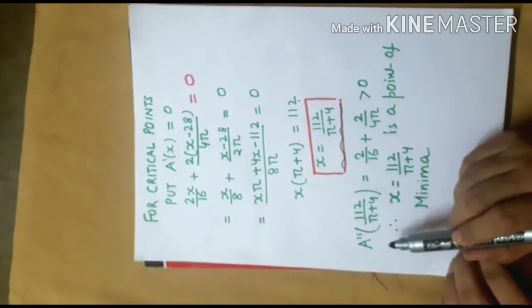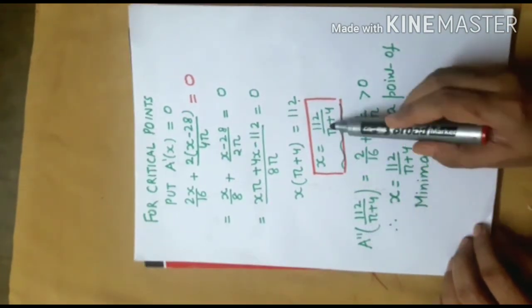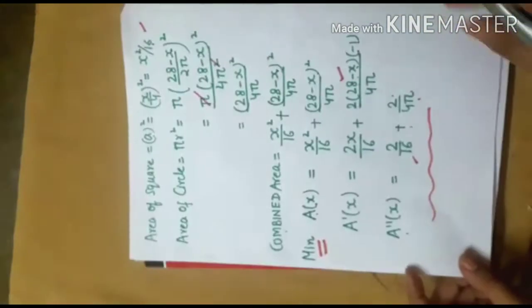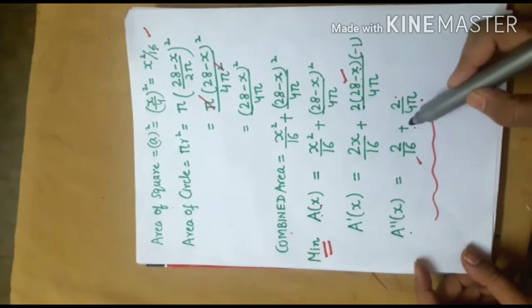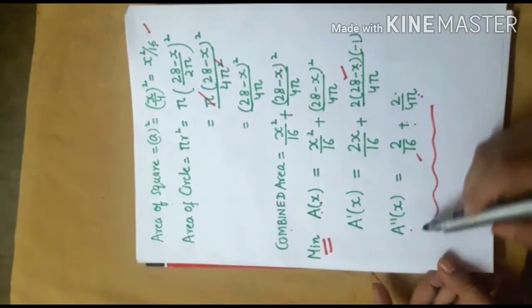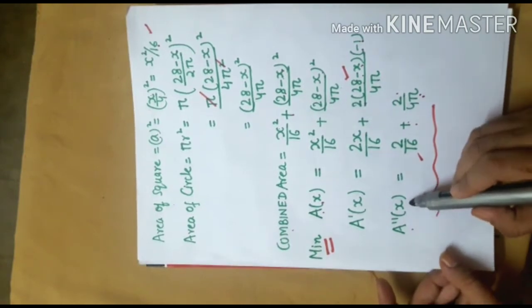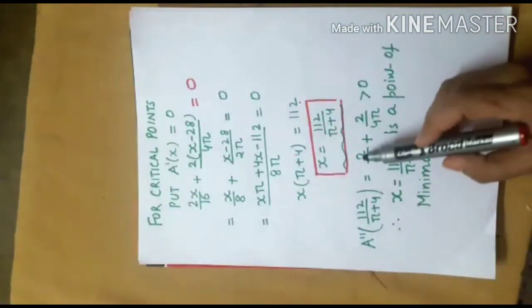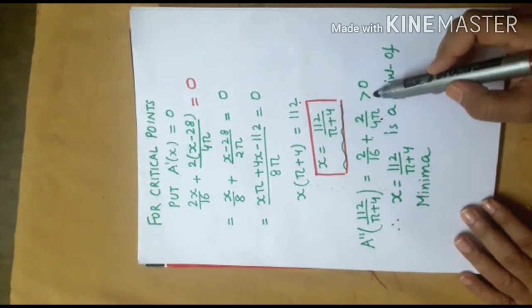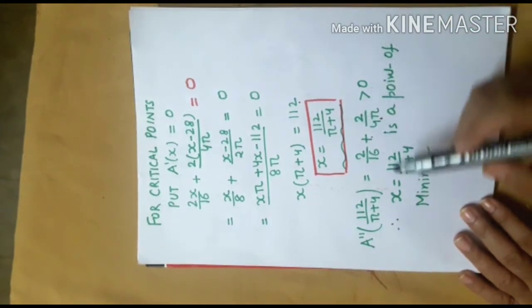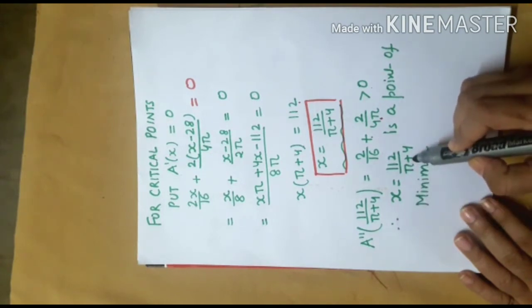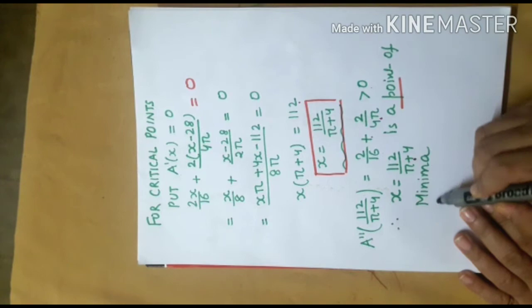Now I will compute the value of the second order derivative at this critical point. The second order derivative is 2 over 16 plus 2 over 4 pi, and this is definitely greater than 0. So therefore x equal to 112 over (pi plus 4) is the point of minima.